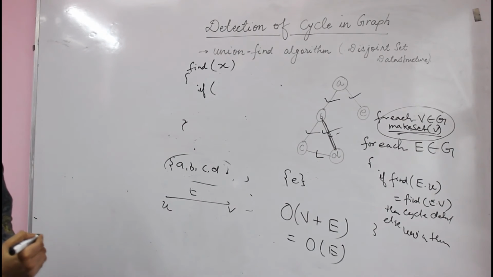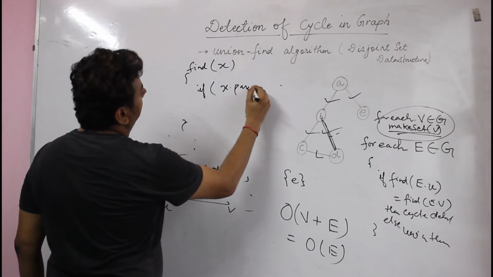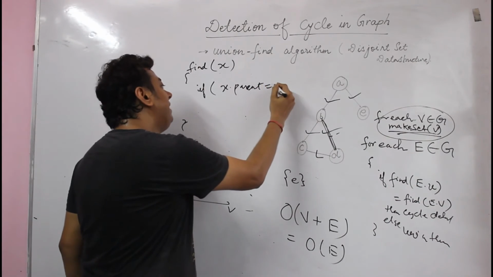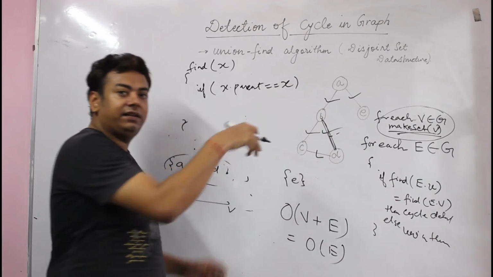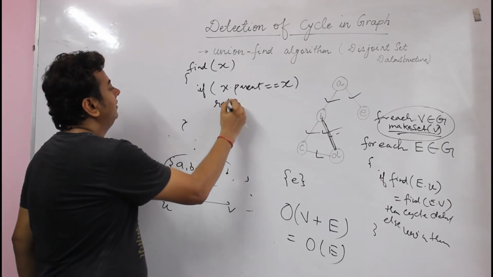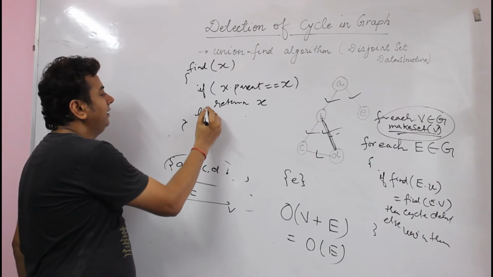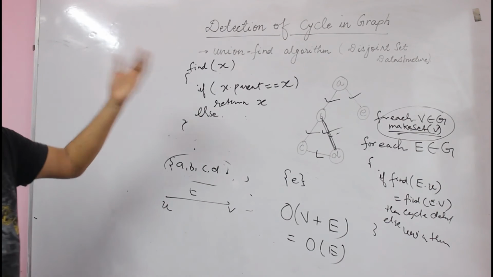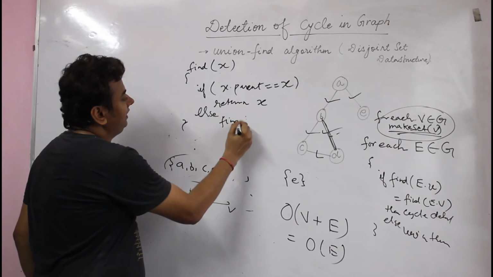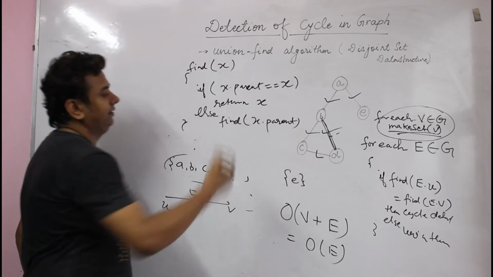If the parent of this X is the same as the X set, then return this set X. Else, recursively find X dot parent, right?